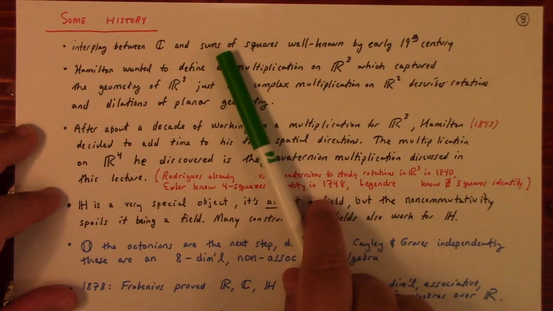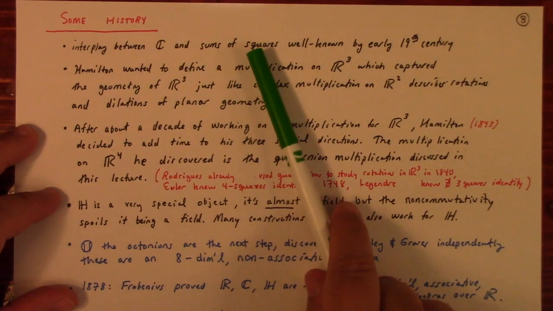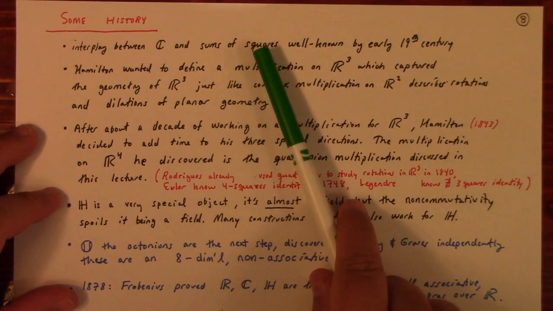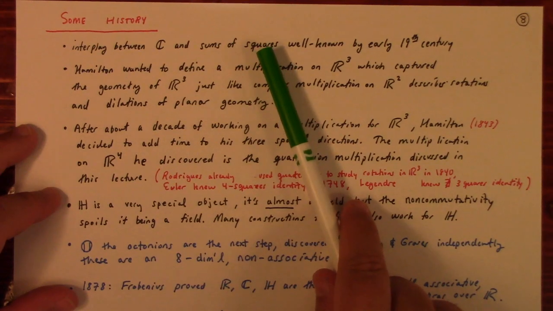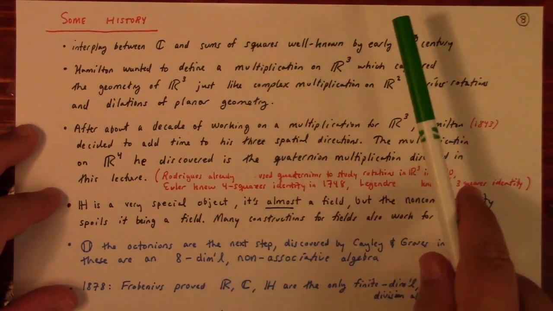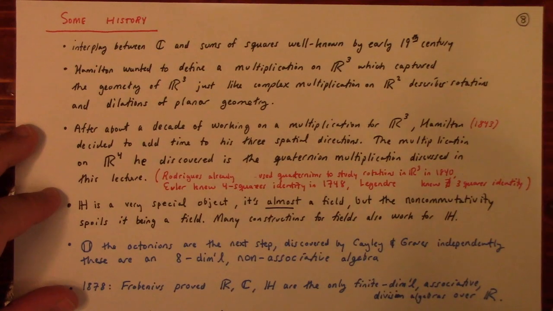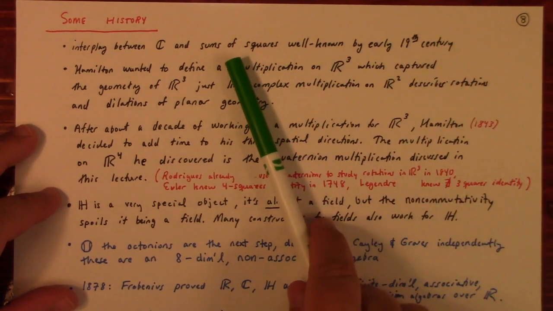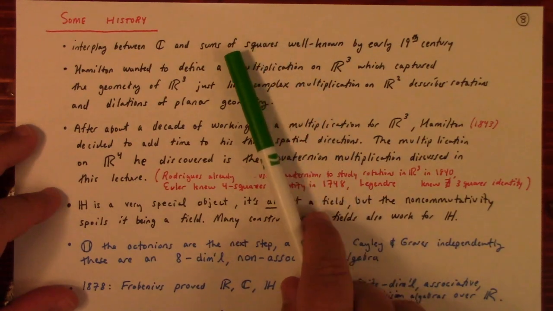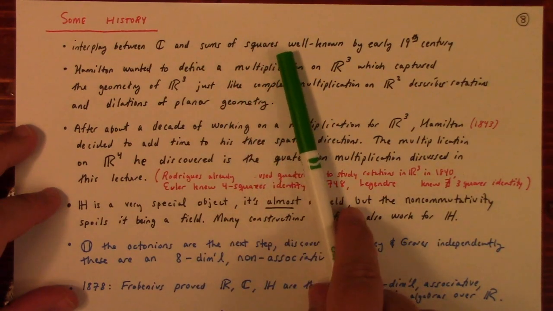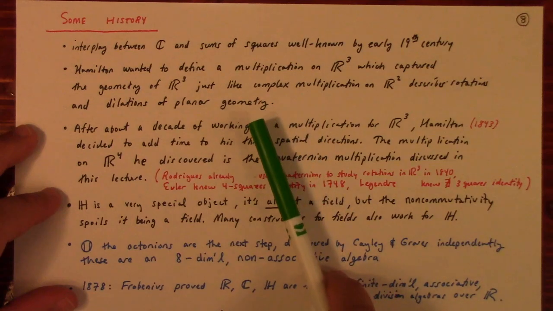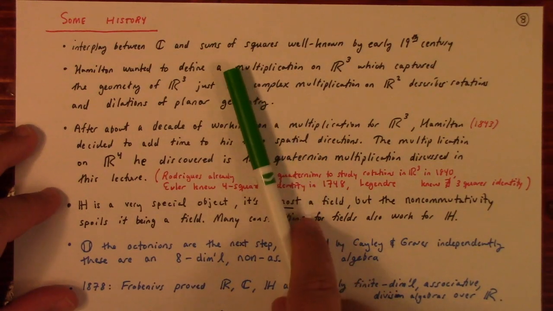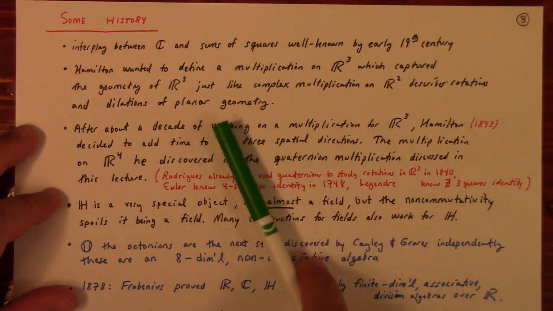Certainly Brahmagupta and the other great ancient Indian mathematician that I can't remember the name of. Suffice it to say that there are many brilliant ancient mathematicians who worked on this and have been forgotten. So sums of squares were well known by the early 19th century.